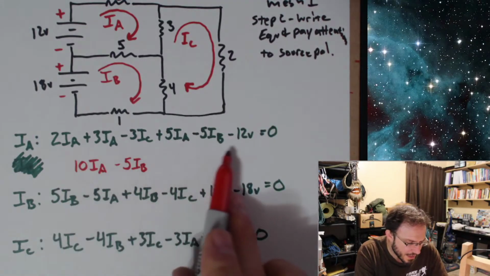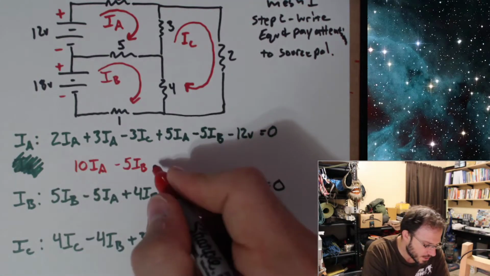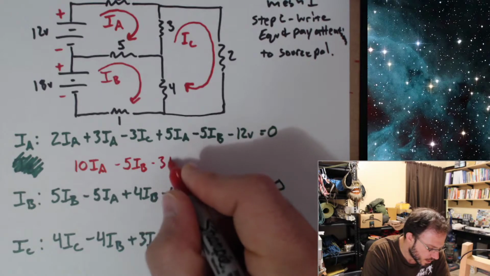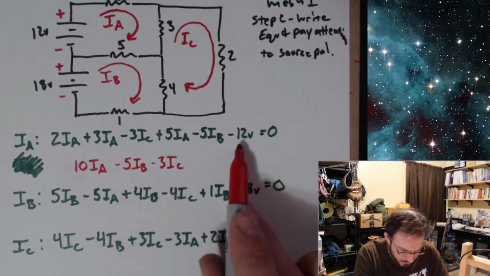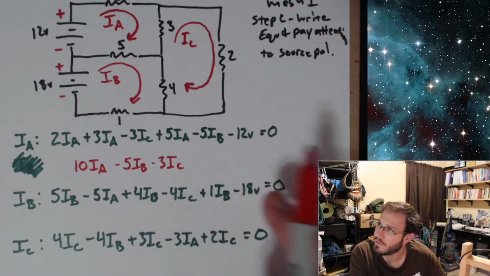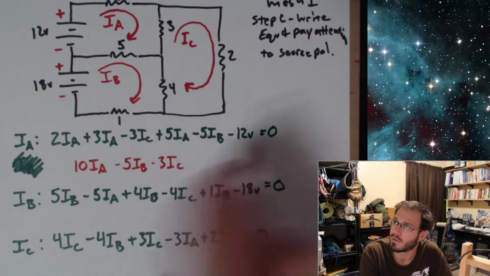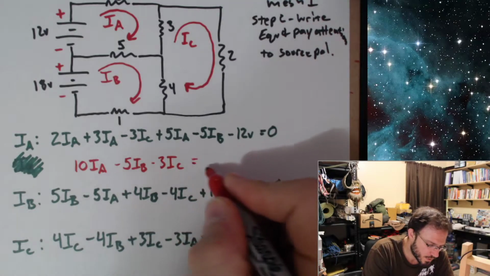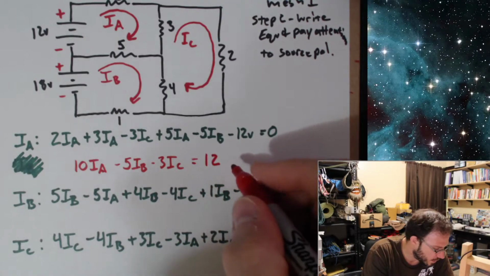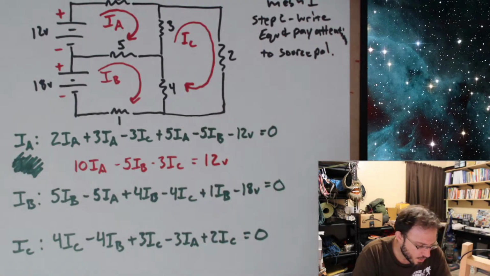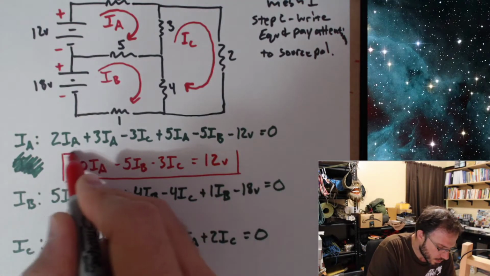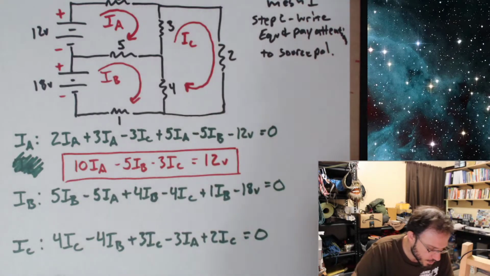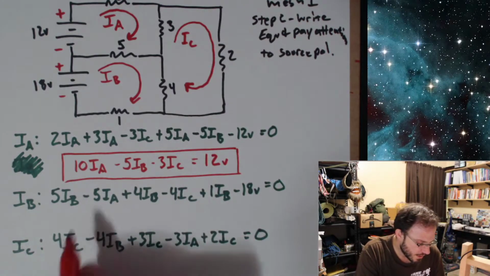Now I'm looking at my ICs, and I have a minus 3 IC. That's the only one. And I'll take my voltage and shove it to the other side of the equation. So add 12 to both sides. We get equals 12 volts. And we are done with our first expression.